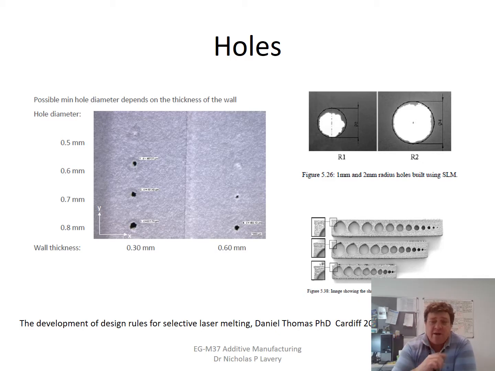So now we've got a few real examples here. This is by a chap called Daniel Thomas, who did his PhD at Cardiff. So it's a little bit out of date in terms of the quality you can get. You can see here that at this point in time on the machine they were using, they were struggling to get any sort of definition of holes less than 0.5 millimeters.